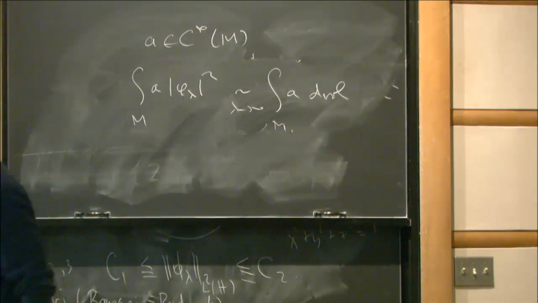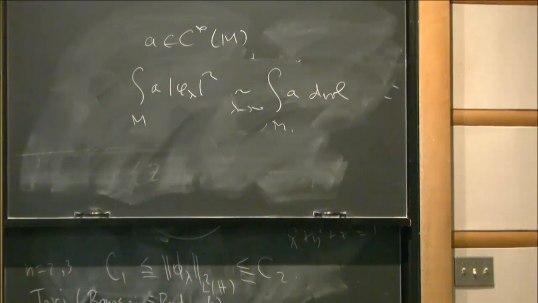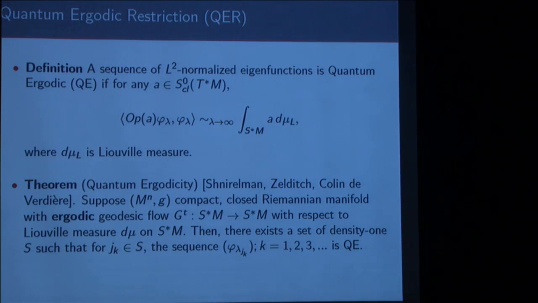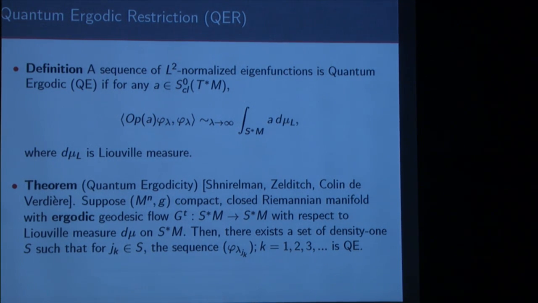It's more general than that: Op(A) is a differential operator that you quantize from that function. But if it's a multiplication operator, it's just that. So it just tells you that there's equidistribution of eigenfunctions in phase space. So that's a particular example.